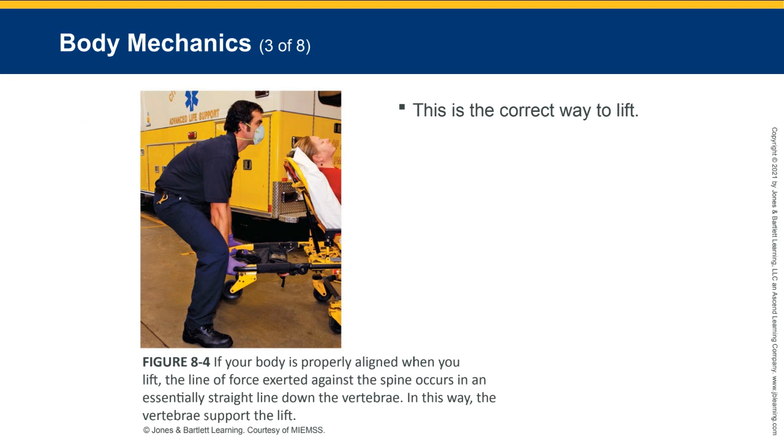Now, proper body mechanics. Even in this picture, even though they're showing the correct technique, the person's back is still too curved. The back needs to be much straighter than that.